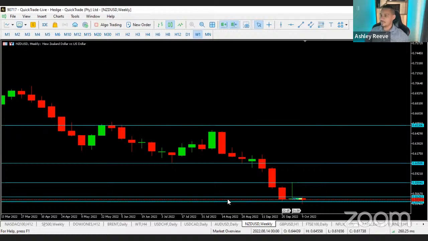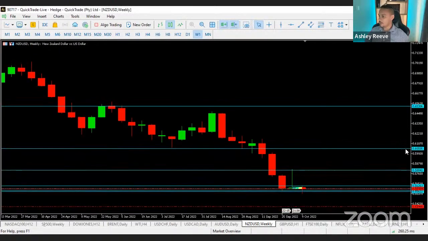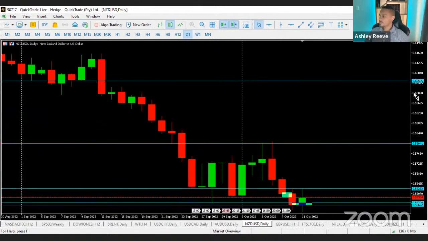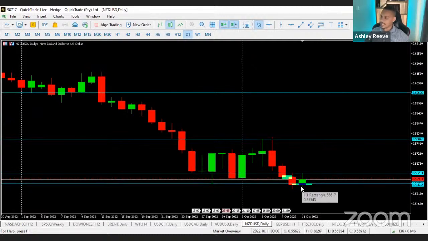What's very important here is we would like, ideally, for the daily to close beneath 55622. Do we see the downside? Yes, but we're just talking about a nice cleaner entry for some of the guys. 55622.